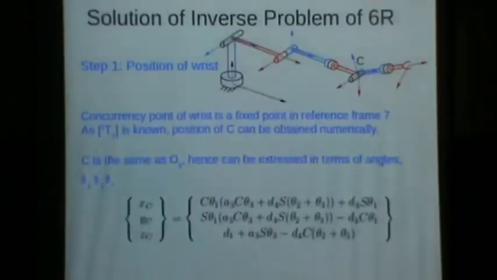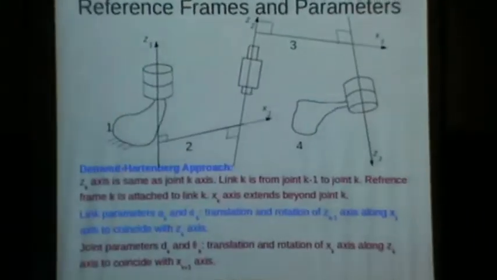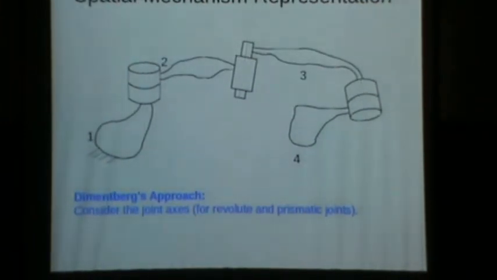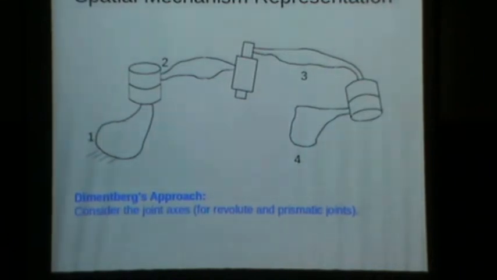So what I meant by that is the following. If you are faced with this general question, okay, given this mechanism, these are joints in different directions. And the way the mechanism is made, the links themselves may be shaped very oddly. Now, how do you define the parameters of this mechanism?